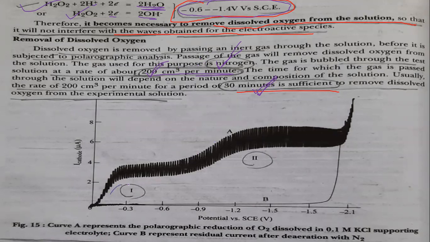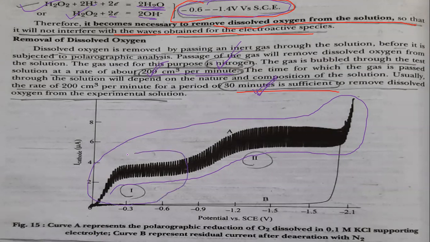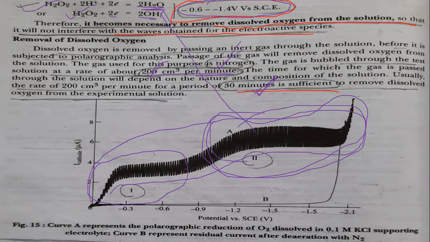This is the range, and this is how it affects. In the first reaction, hydrogen peroxide is formed, and in the second, that hydrogen peroxide is again reduced to form water and hydroxide ion. This is the portion from the previous slide.